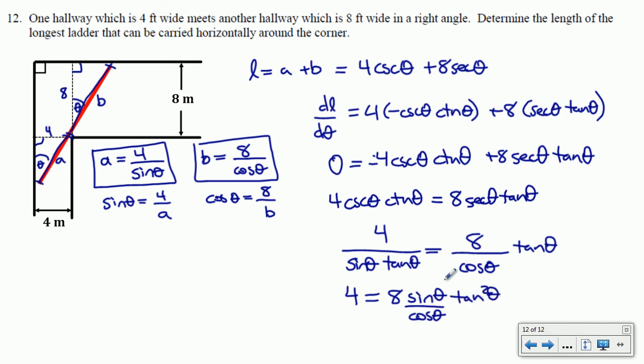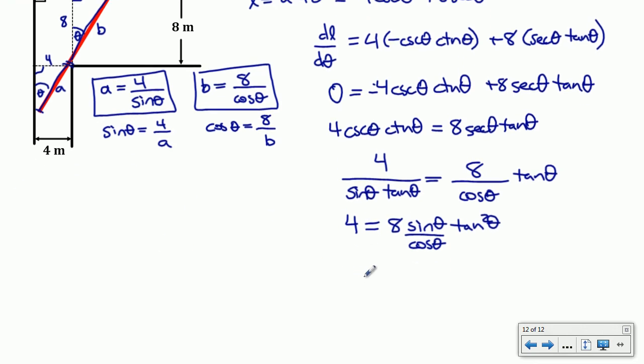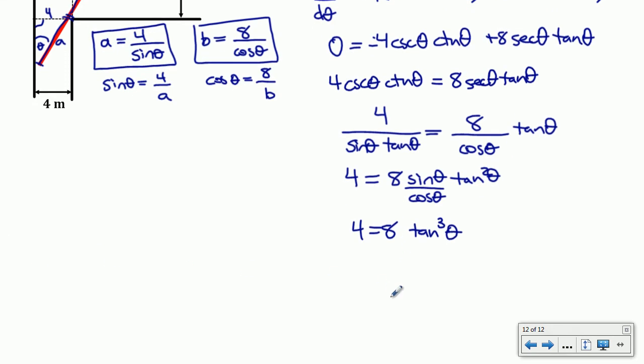And notice sine theta over cos theta is the definition of tan, so I would have next 4 equals 8 tan cubed theta. Now I can divide both sides by 8, so I would then have 1/2 equals tan cubed theta.